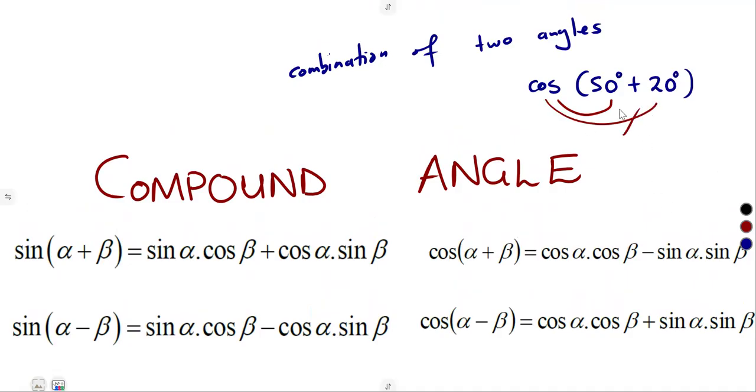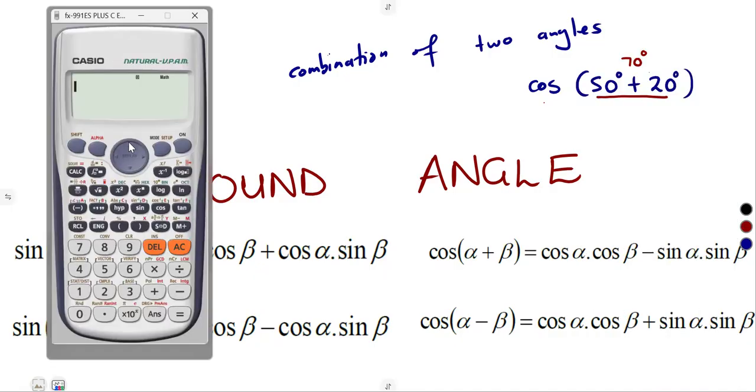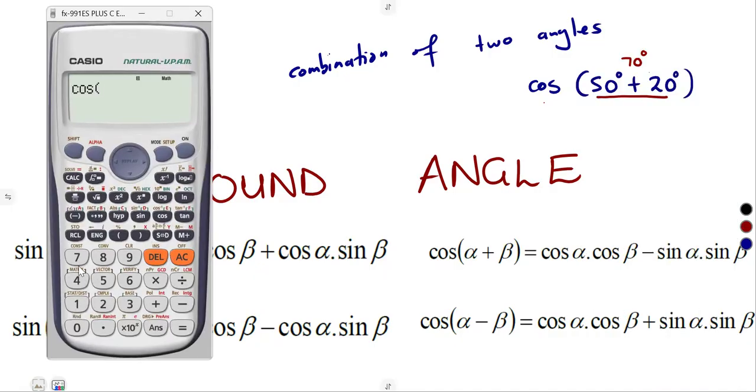No, that is totally wrong. Remember, if we add these two, 50 plus 20, we obtain 70 degrees. So it's cos 70. I want you to see something here, the cos of 70 degrees.